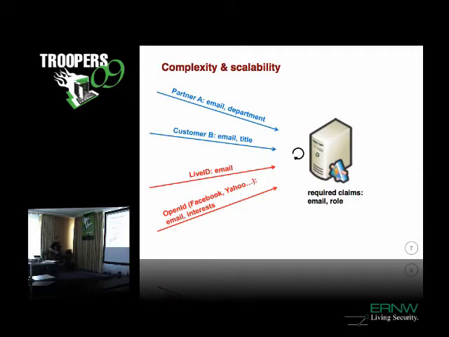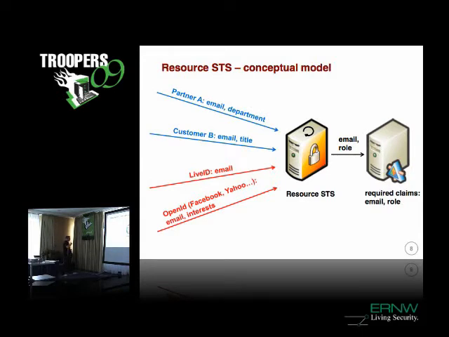Okay? So what we typically do to abstract away the application from the identities of the incoming users is a thing called a resource STS, which brings me back to my first slide. A resource STS is basically a piece of infrastructure which takes incoming tokens and incoming claims, normalizes them, and sends them on to the application.